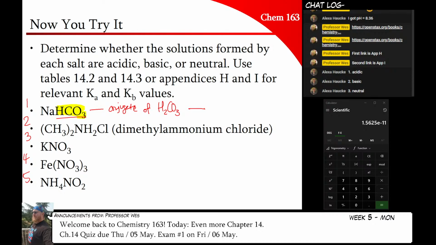Oh man, I just gave you a really difficult problem without really realizing this. Now, I guess what you'd have to use is common sense here. Or maybe it's in table 14.2. Let's see if that's in there. Because what I would really like is a Ka of bicarbonate.